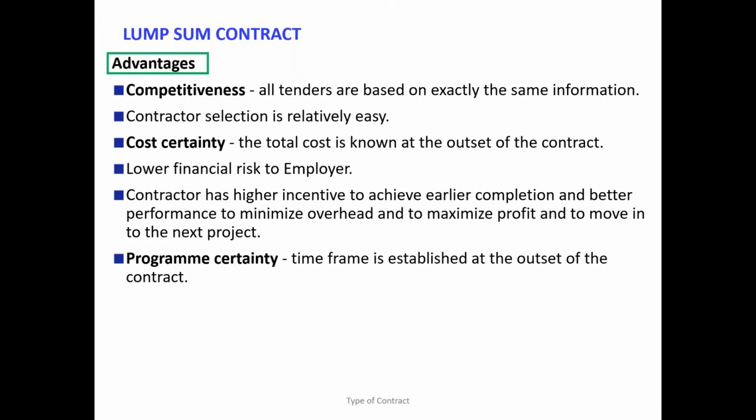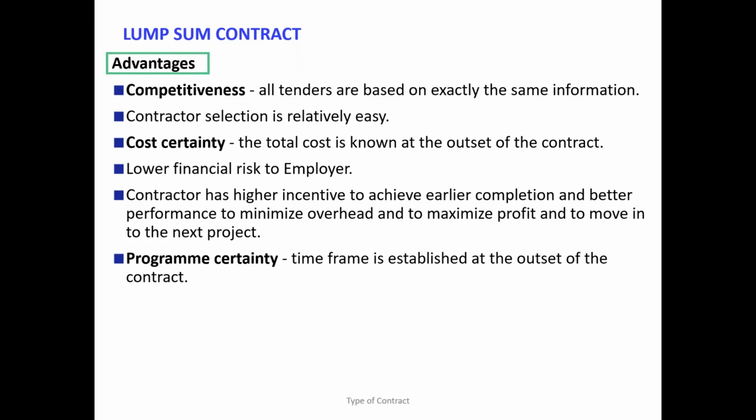Nowadays Google Maps also tells you approximately how much time it will take. Same thing in the lump sum contract. When you define the scope of work, there is not only cost certainty but also time certainty, that means program certainty is also well defined, because it is easy for them.